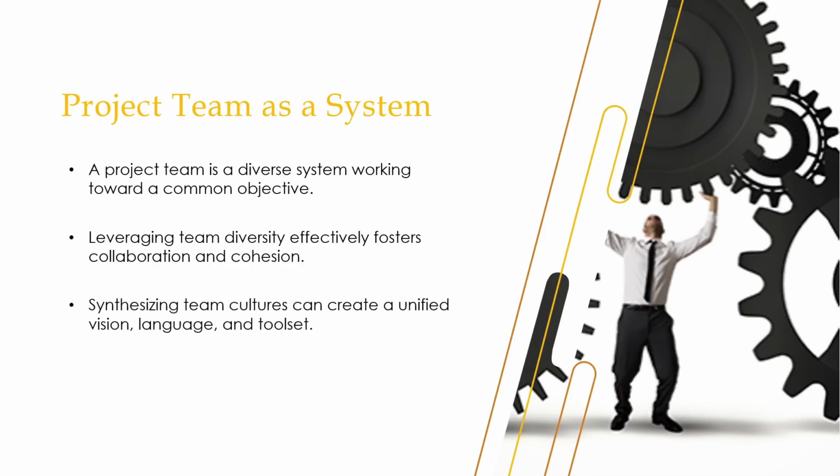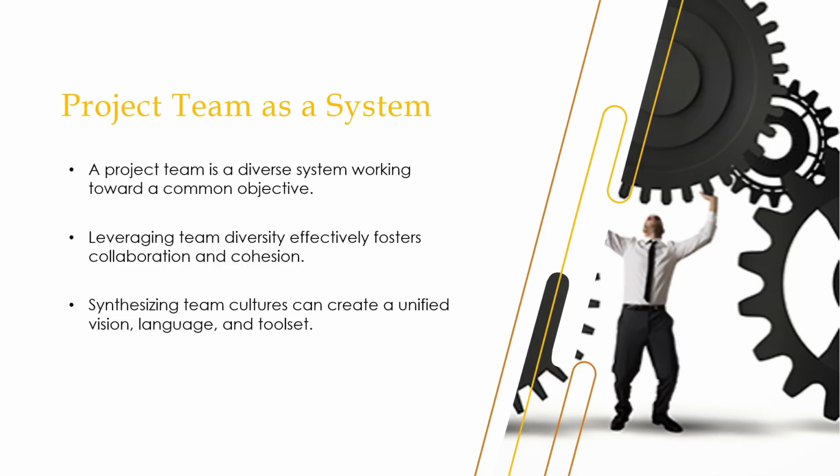Now, in cases where team members come from different organizational structures or cultures, such as, let's say, a government agency and a private company, right? Someone coming in from a government agency will have a totally different mindset towards work versus someone who comes from a private company, right? So you have to synthesize these cultures, and this is something that you as a project manager need to take care of.